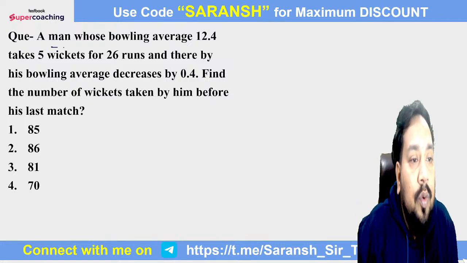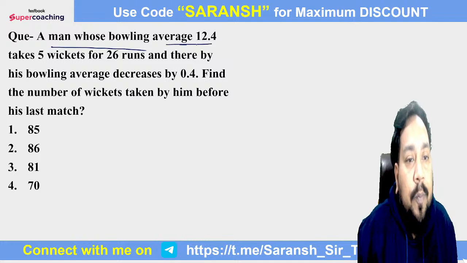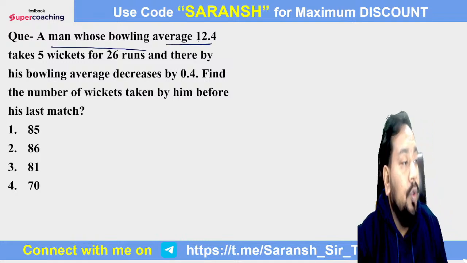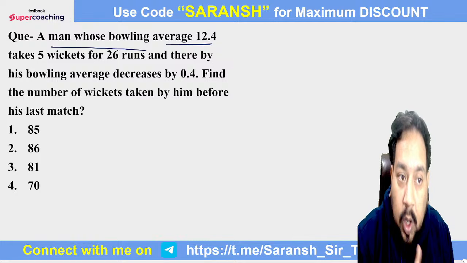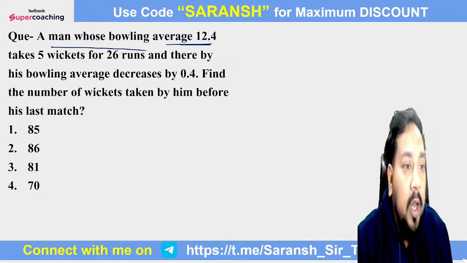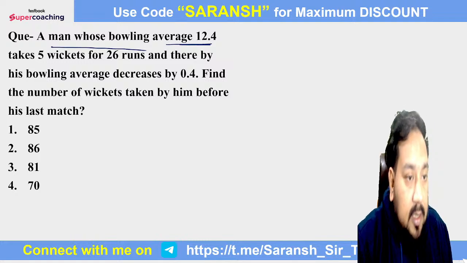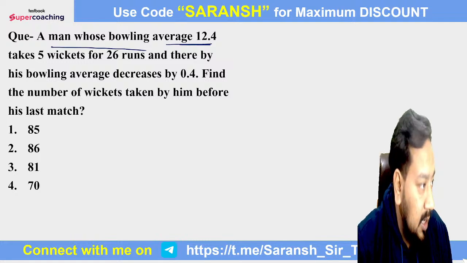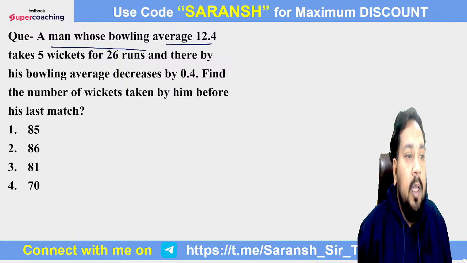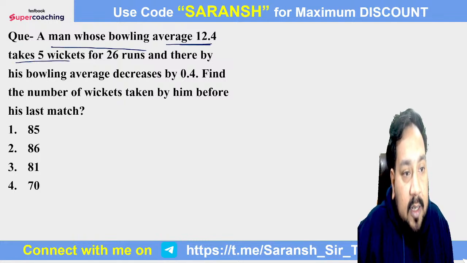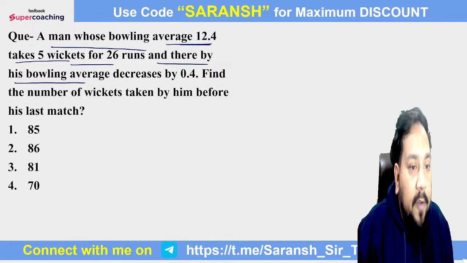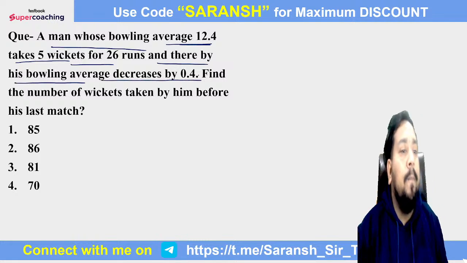A man whose bowling average is 12.4. Don't use that logic in bowling average questions, because bowling has two things: runs and wickets. He takes 5 wickets for 26 runs, and thereby his bowling average decreases by 0.4.